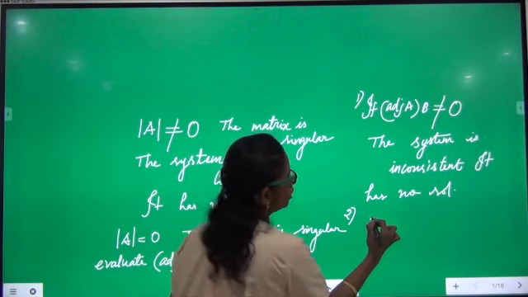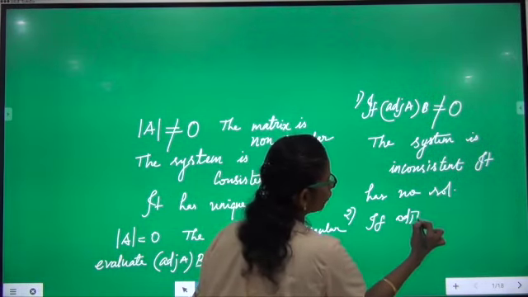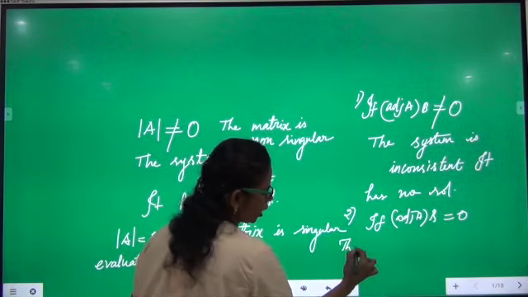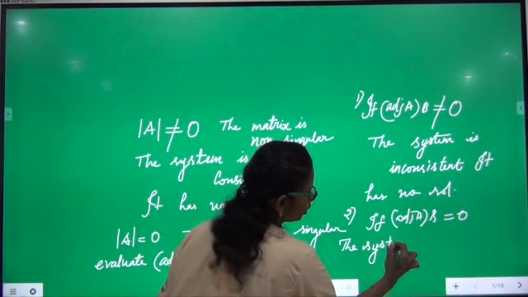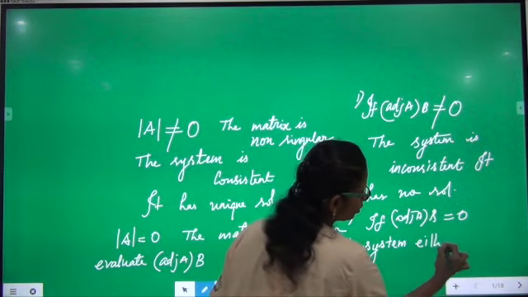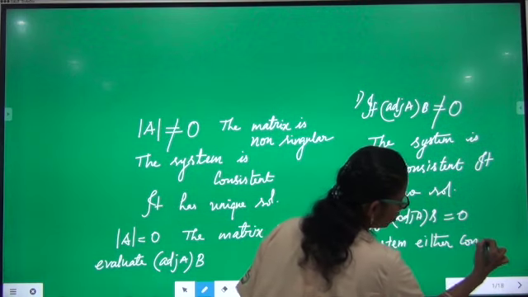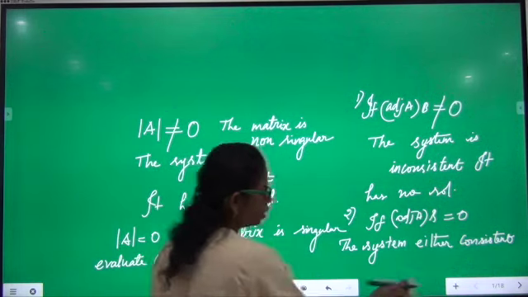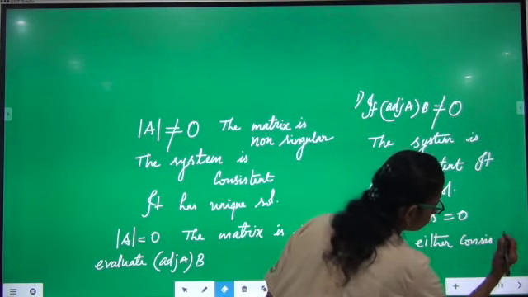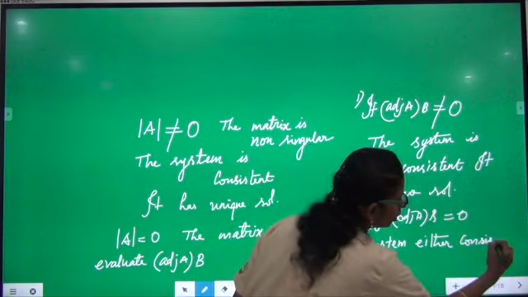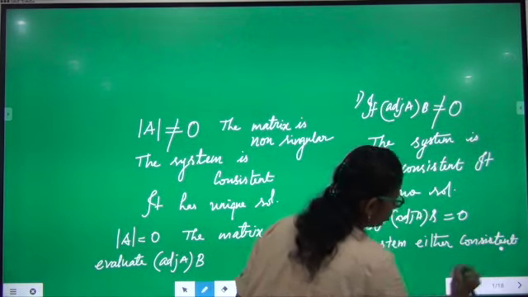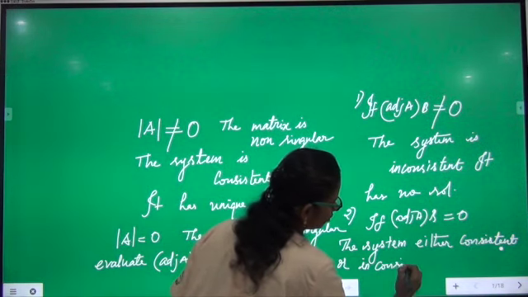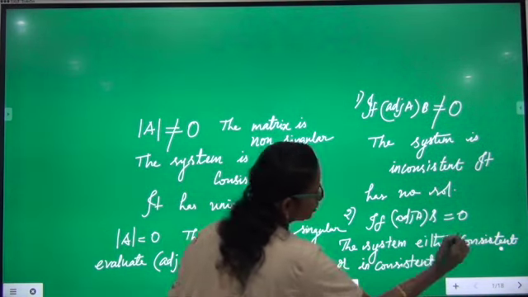Second case, if adjoint of A into B equals 0, the system is either consistent or inconsistent.